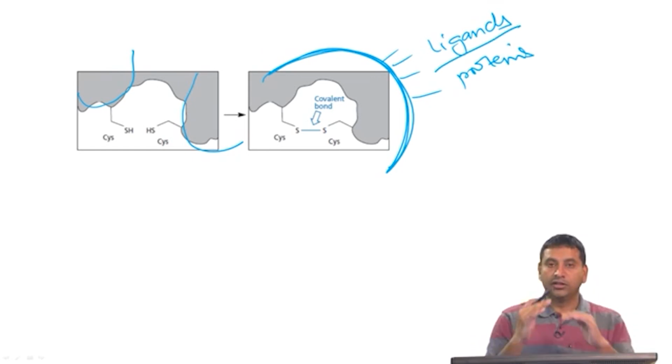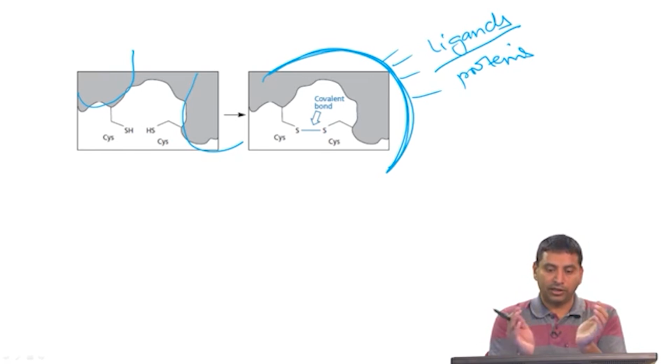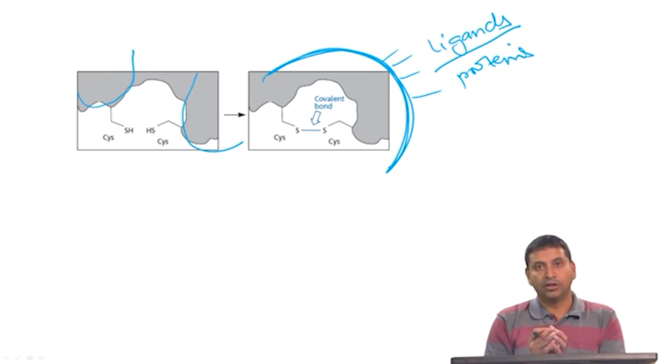So, the shape brought by this covalent bond might be very important in its function. Certain proteins rely on the formation of disulfide bonds to maintain their structure.